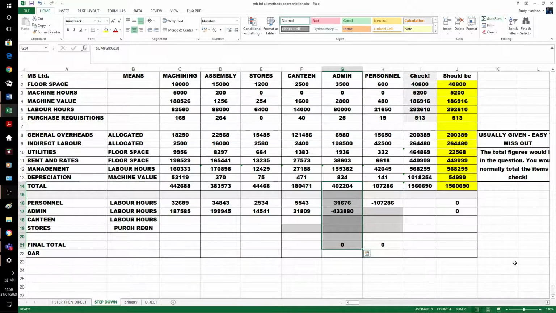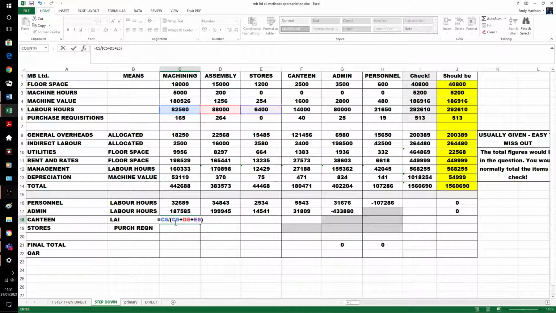Check the formulas, check the calculator, it's doing a job. So we've split personnel between 5 departments, the admin original and reappropriated between 4. So now canteen between the 3, bit quicker because it's only 3. Part of the formula gets shorter, part of it gets longer. It's still on labour hours. So we only want it between the 3.